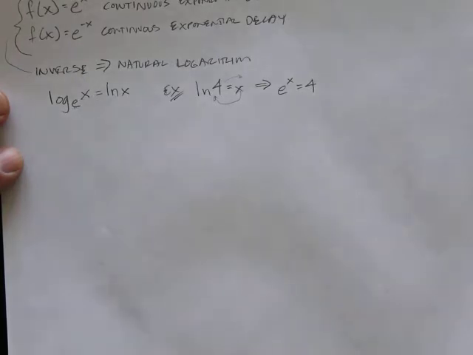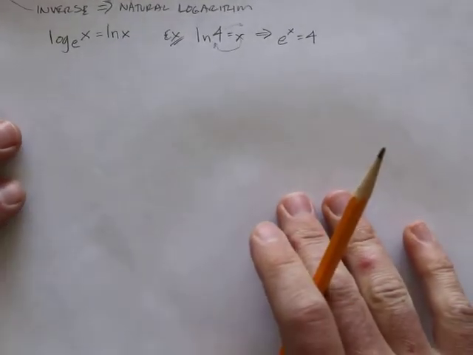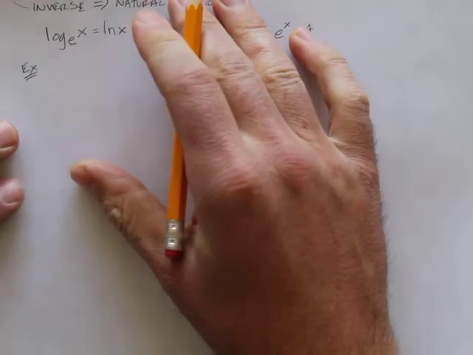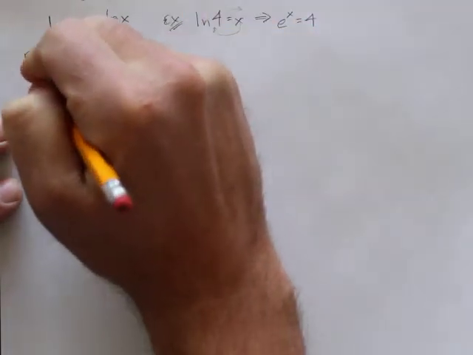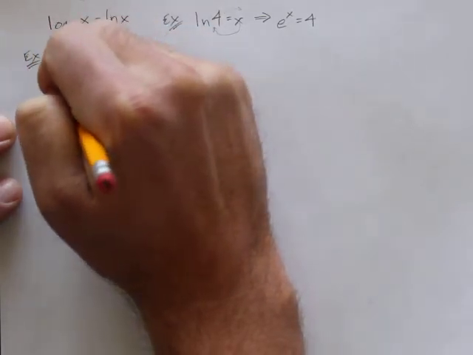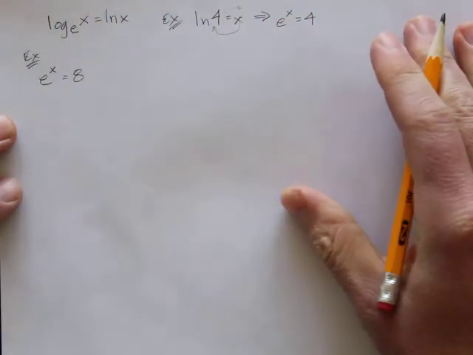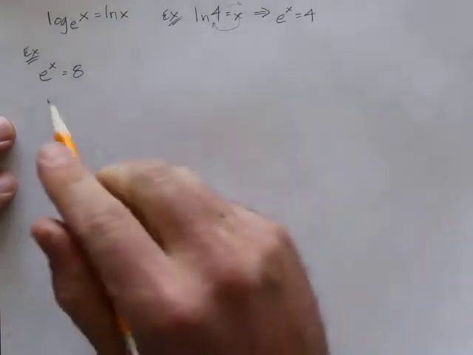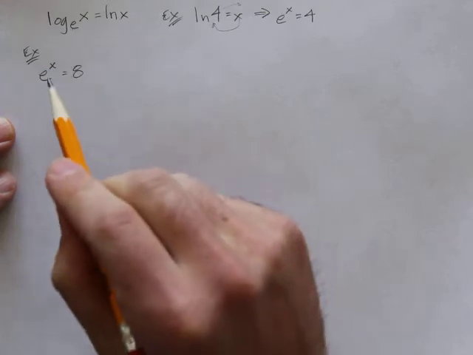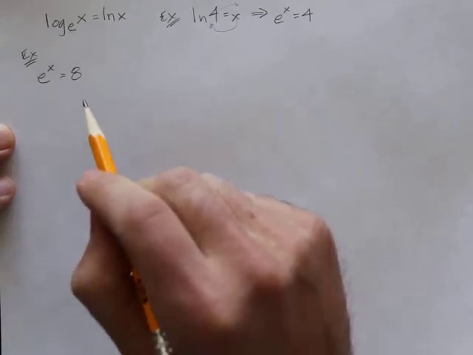All right, so let's do some examples of this, where we are going to solve these equations. Kind of. Are we solving these? We're taking an exponential equation and rewriting it as a logarithmic equation. That's what we're doing.